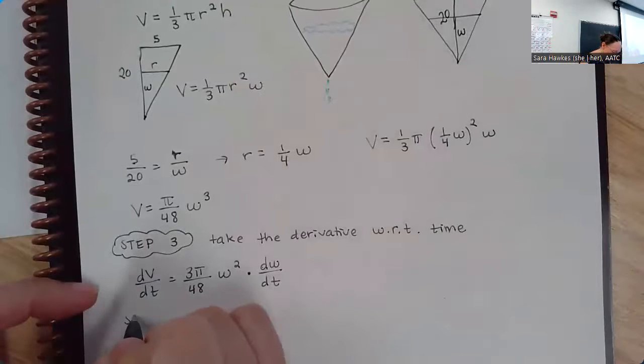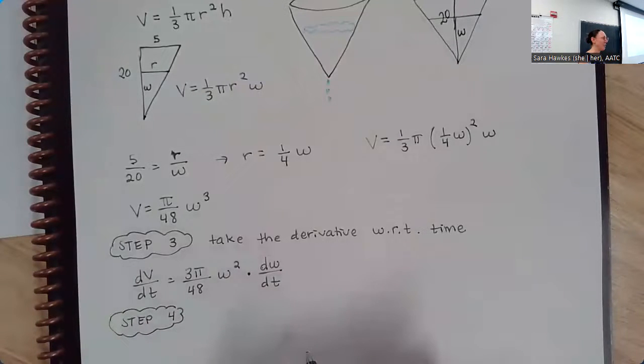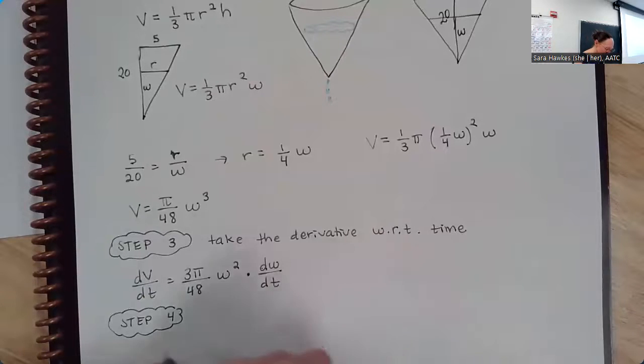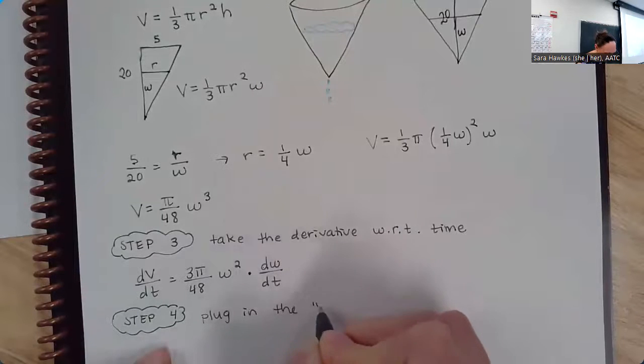The last step for any related rates problem, and I've been getting this question a lot in drop-in, is that it is important that you not plug in values until the end. If you plug them in before the end, derivatives have a tendency to go to 0. So the last step is to plug in the when.